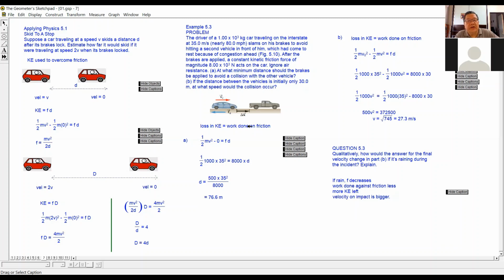Kinetic energy is equated with the work done on friction. This is the kinetic energy, this is the work done. So we form an equation and solve for the value of D. The value of D is 76.6 meters.